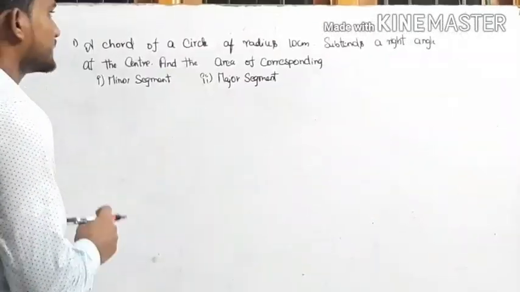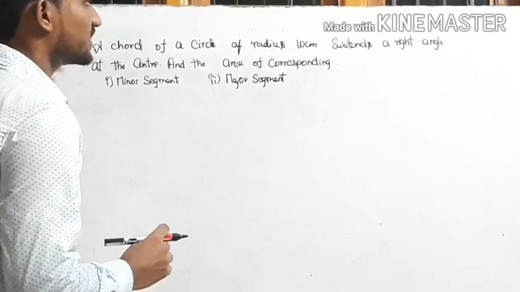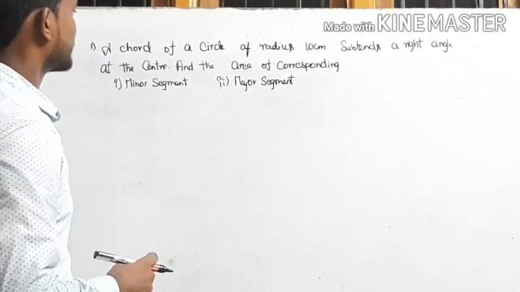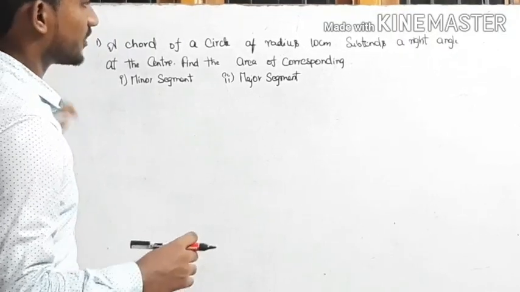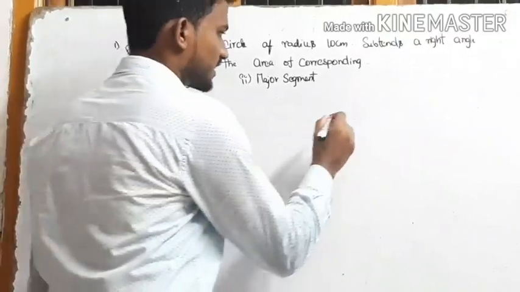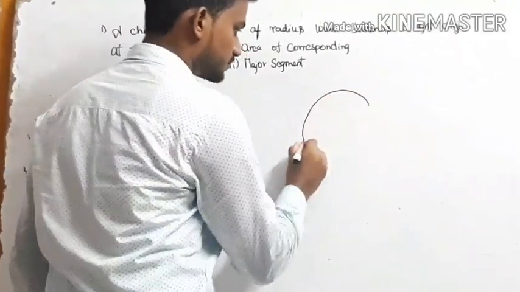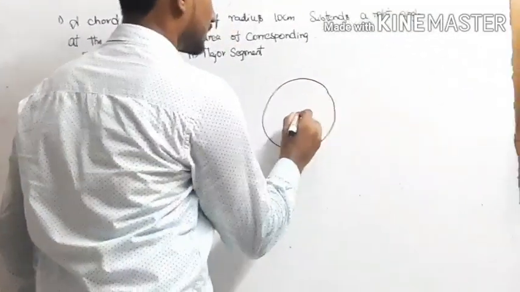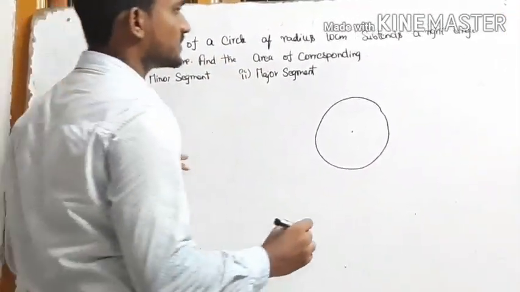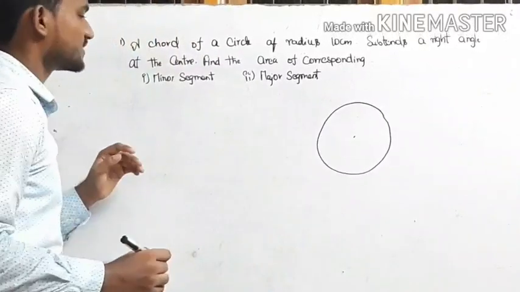It is given like this: a chord of a circle of radius 10 centimeters subtends a right angle at the center. Find the area of the corresponding minor segment and major segment. If the circle is like this, a chord of a circle of radius 10 centimeters subtends a right angle at the center.